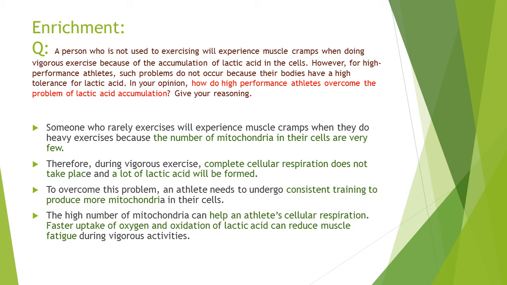But athletes normally undergo training consistently, so they are able to produce more mitochondria, the organelles, in their cells. This high number of mitochondria helps the athlete's cellular respiration to take up oxygen faster and oxidize the lactic acid. So it will reduce the cramp.